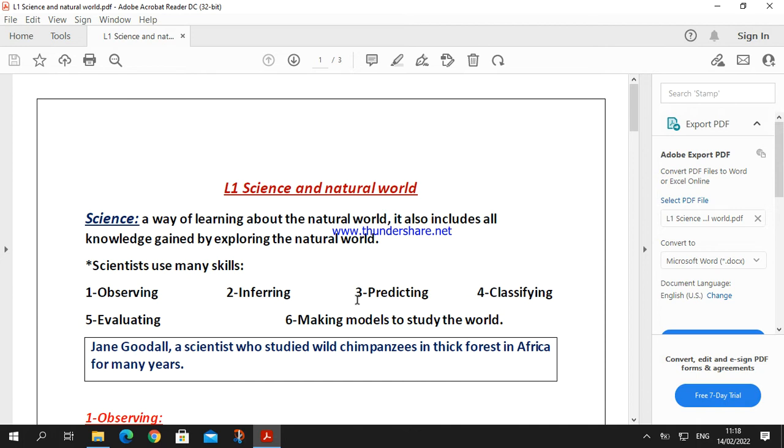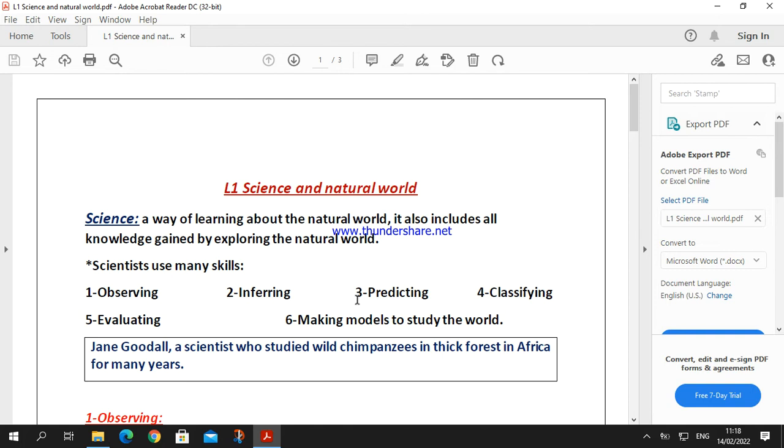Like making models of the solar system to know what the solar system consists of, how the planets orbit around the sun, how the sequence of day and night on Earth's surface happens. The models help us to study the world, like making models of the Earth to know the layers that compose the Earth, which facilitates the study of the Earth's layers.